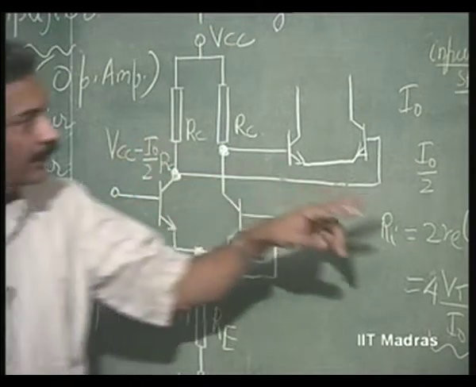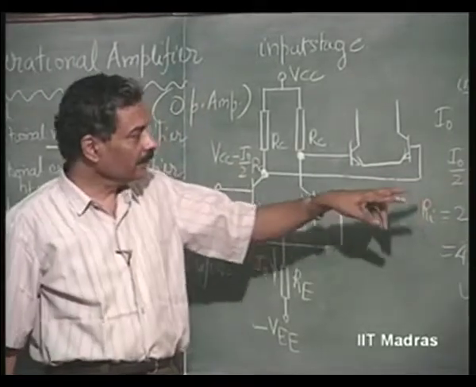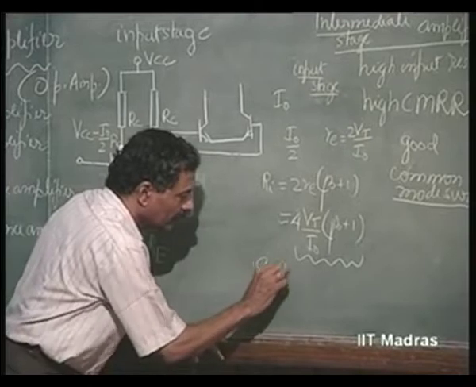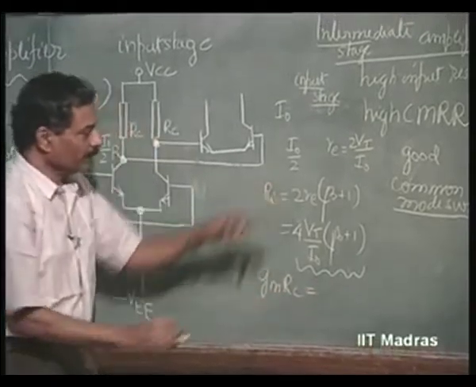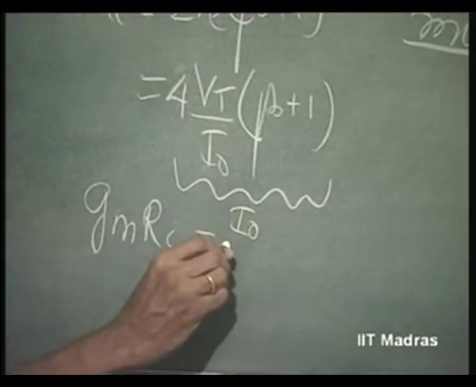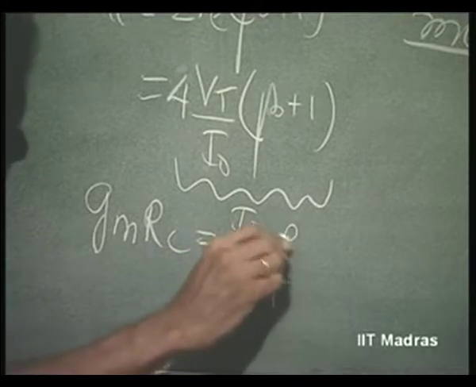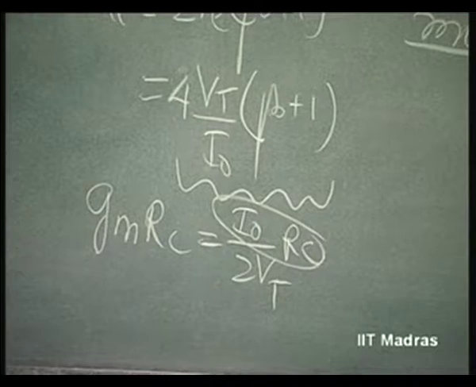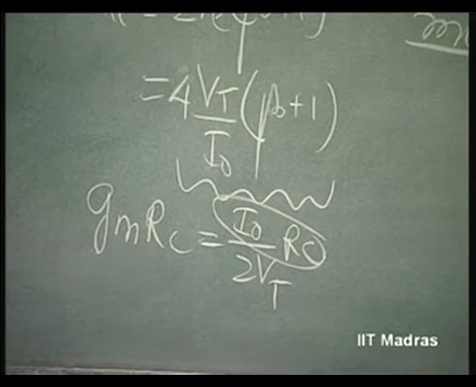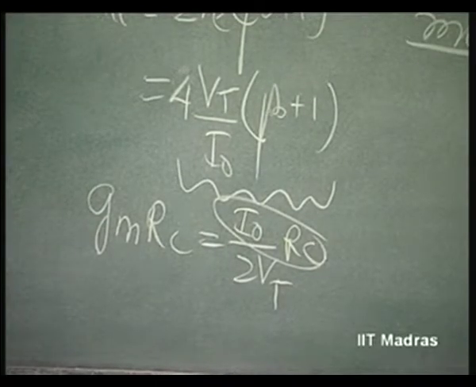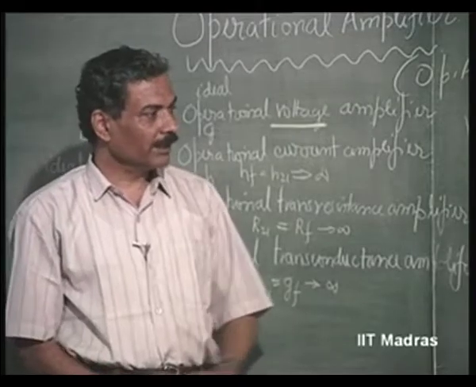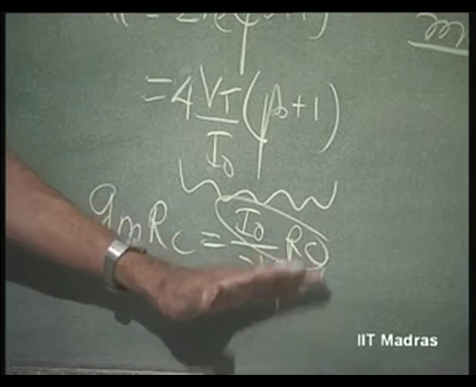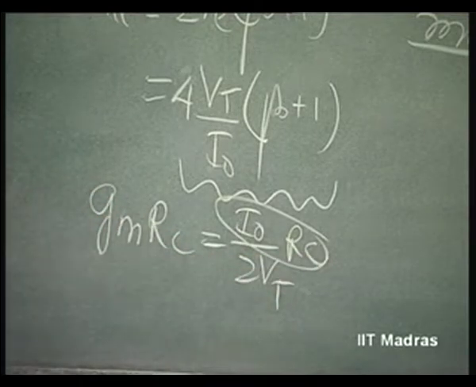But on the other hand, the gain of the stage, GM into RC, is nothing but I naught by 2 VT into RC. So the gain of the stage depends upon I naught into RC divided by 2 VT. We cannot make this too low, because the gain decreases considerably.